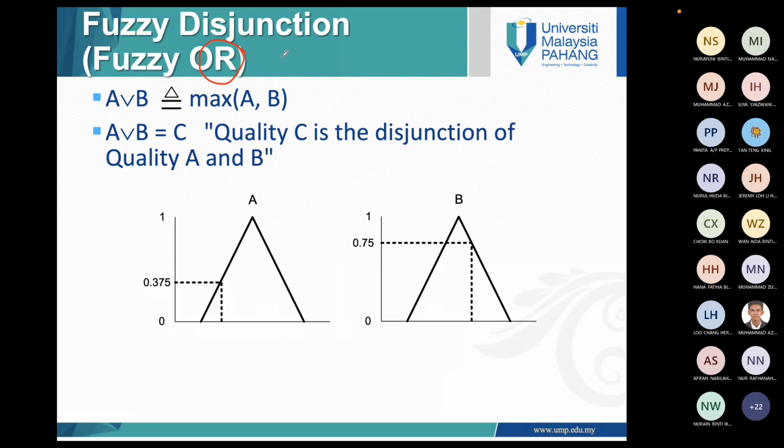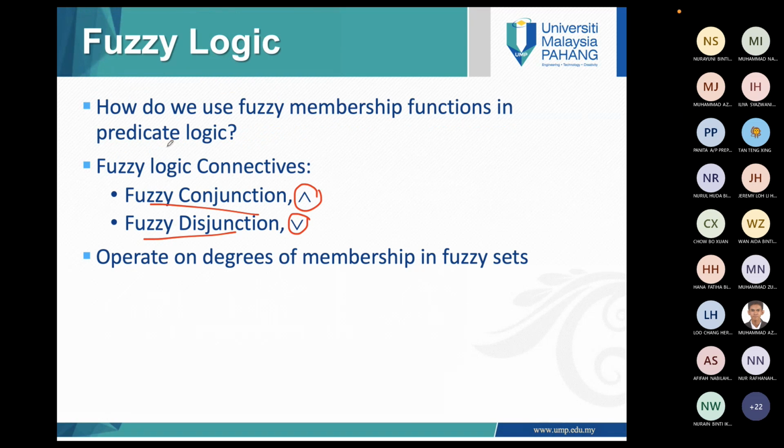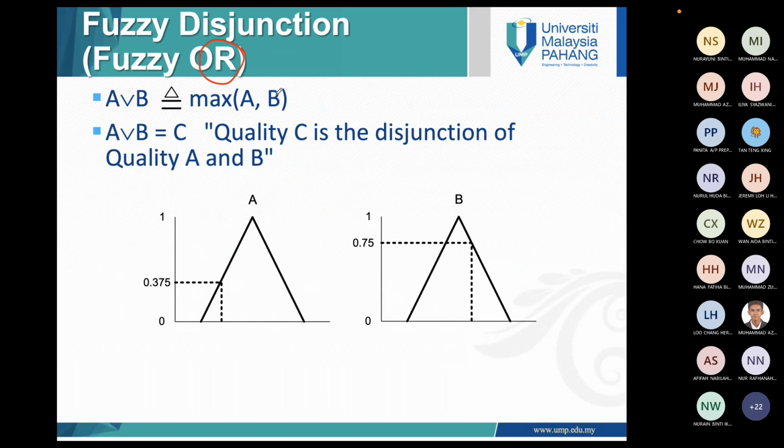So fuzzy disjunction, with this symbol, represents or. So A or B, we choose the max value.